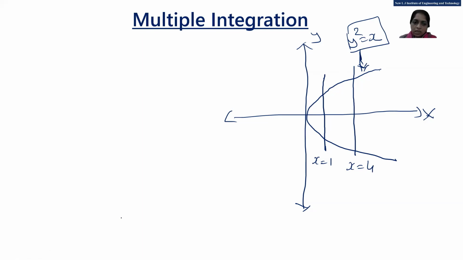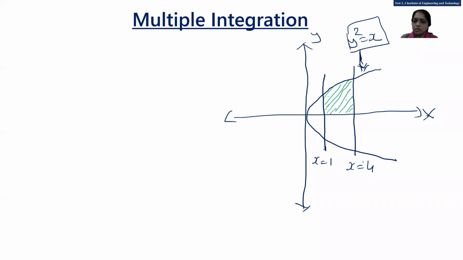Now, this area is surrounded by these four constraints: y square equal to x, x equal to 1, x equal to 4, and your fourth limit is y equal to 0, right? This is y equal to 0.